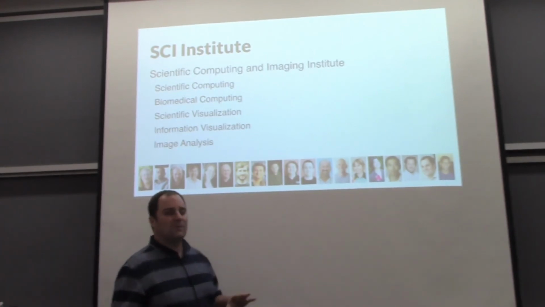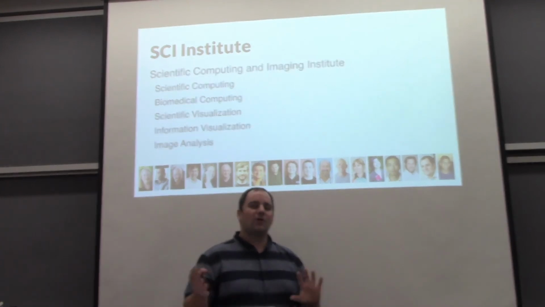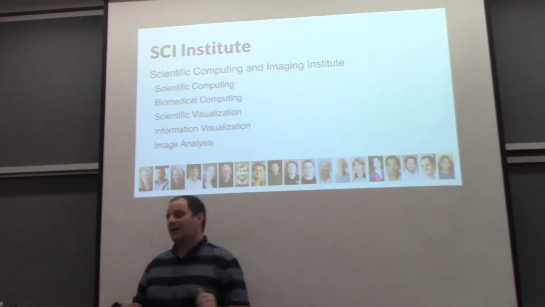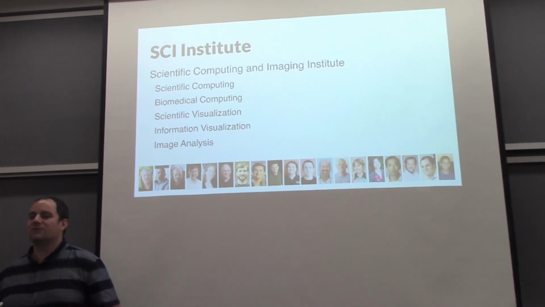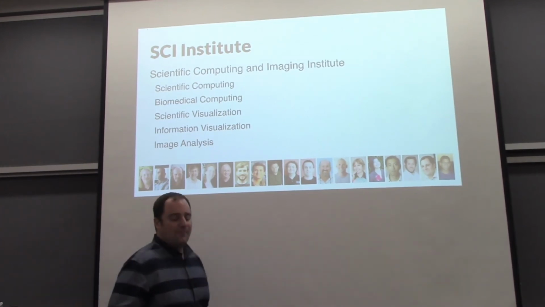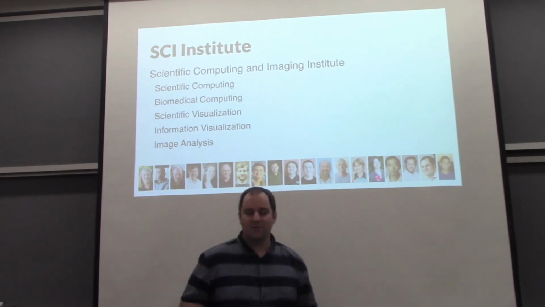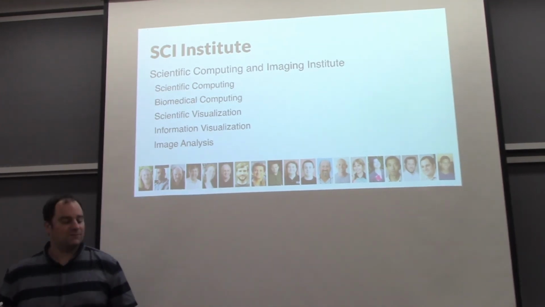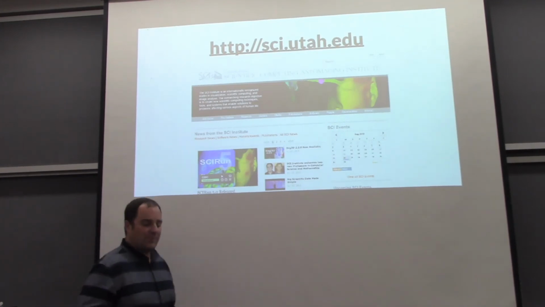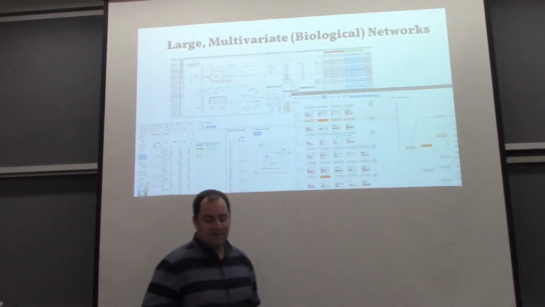We're split between, I would say, more than half in the School of Computing, the computer science department, a quarter or a third in biomedical engineering, and the rest are mathematicians. So it's an interdisciplinary institute. If you want to learn more about it, here's the link to our website.